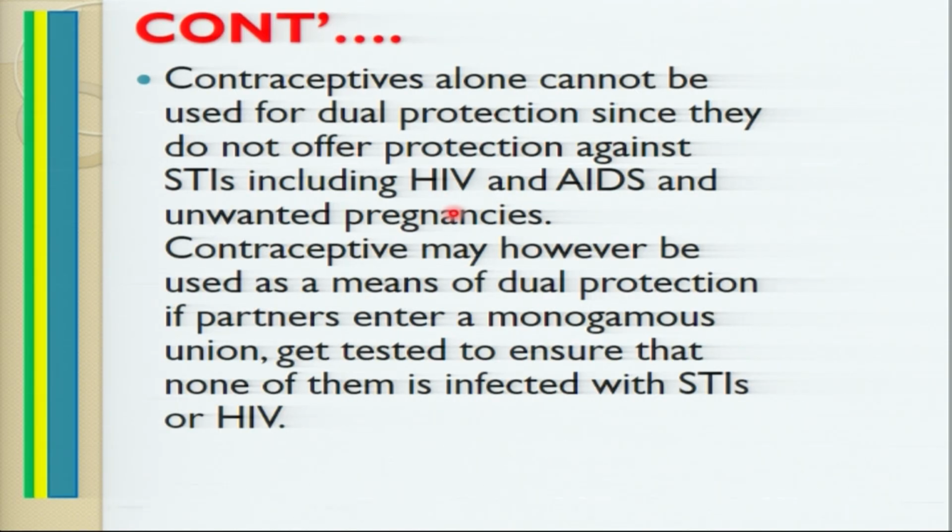So getting tested ensures that none of them is infected with STIs. If they are tested negative, they make a family. It means that they also have to be trustworthy to one another, trusting one another. Because if there's no trust in that way, people can get infected.